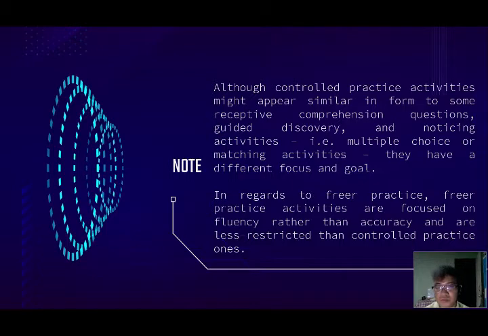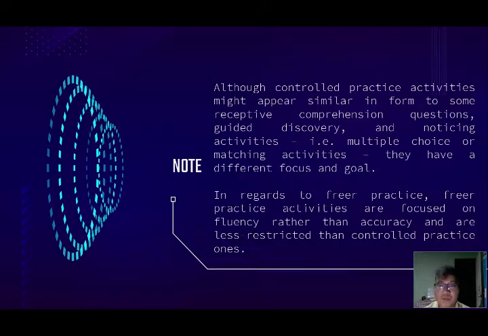Because controlled practice is focused on the techniques, the technicalities, the standards, the basics. This is the main focus of controlled practice, so that in the next activities the students engage in, they would already have their knowledge. They could apply this in particular situations, in these instances, and so on.